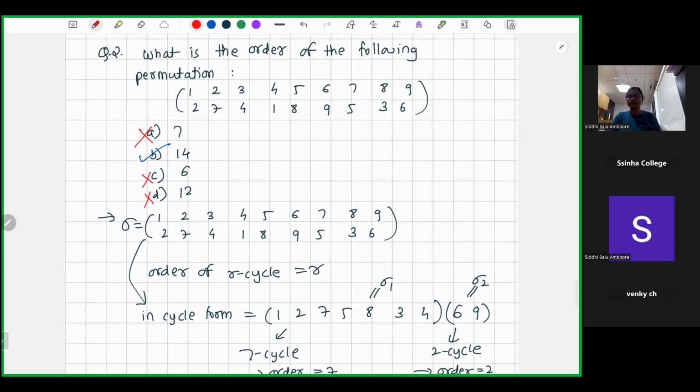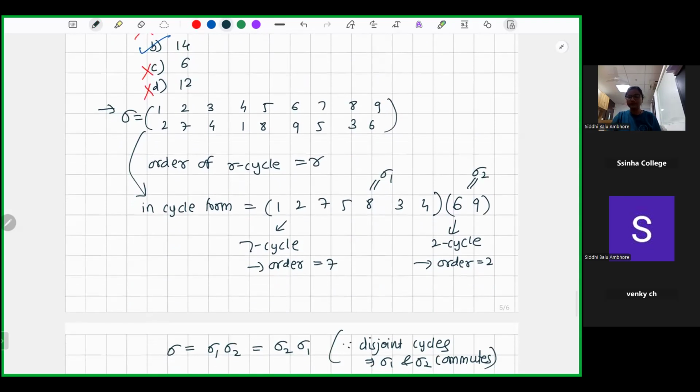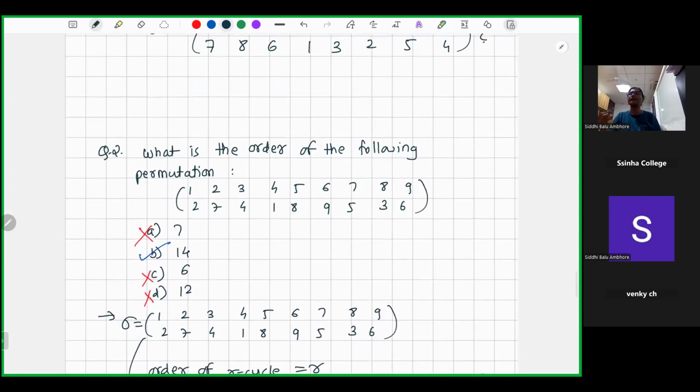of this sigma. So anywhere, if you are asked to calculate the order of a given sigma, convert it into disjoint cycles and then calculate it.